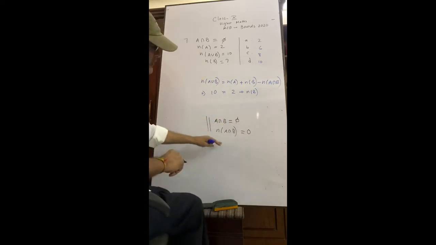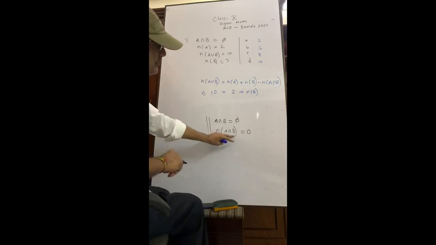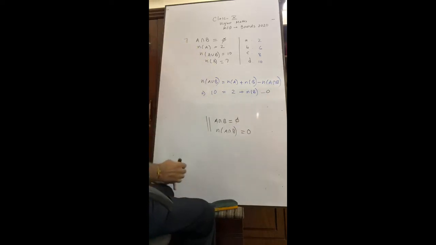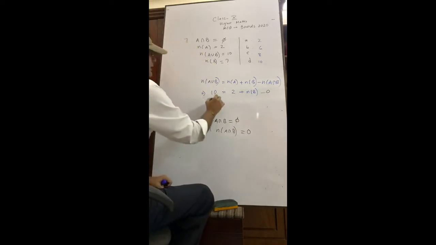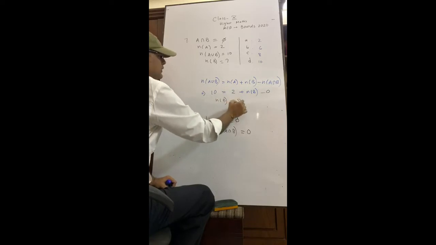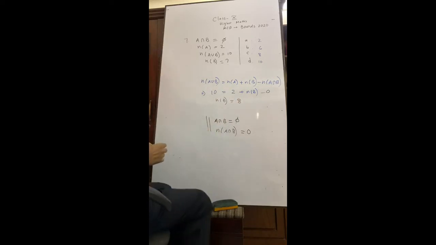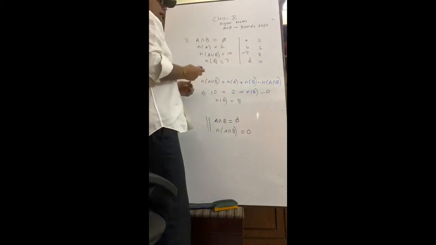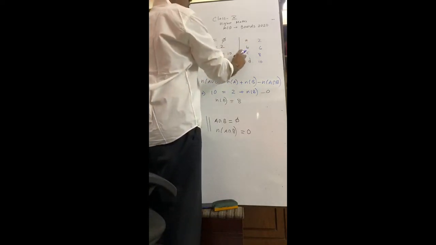So we can write 0 here. Now if we calculate, we get N of B is equal to 10 minus 2, that is equal to 8. So our answer is option C, that is 8.